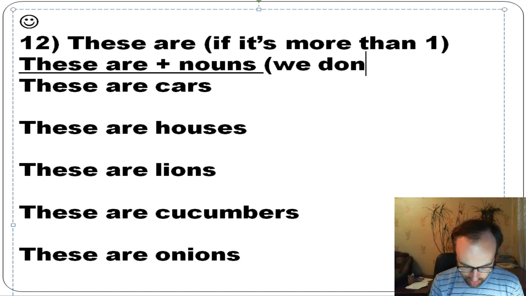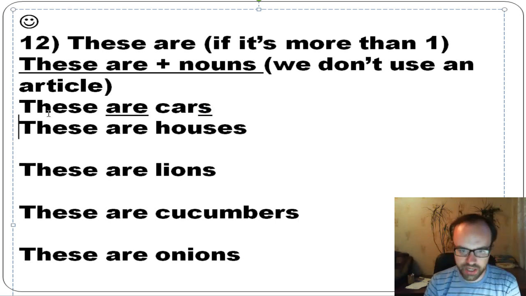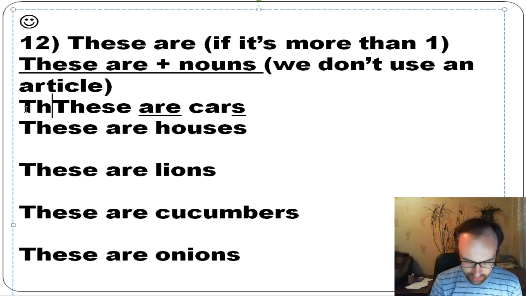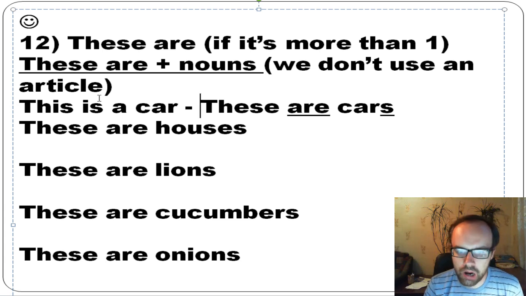Look, these are cars. So we say these are because it's many. Yeah, one car but many cars. So we have s in the end. So you can say this is a house, this is a car, but these are cars.